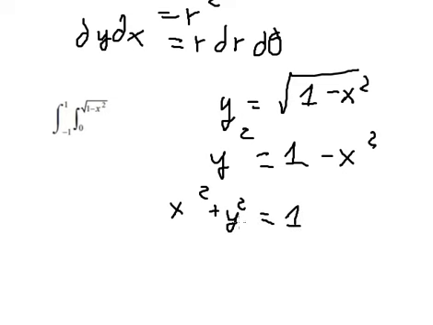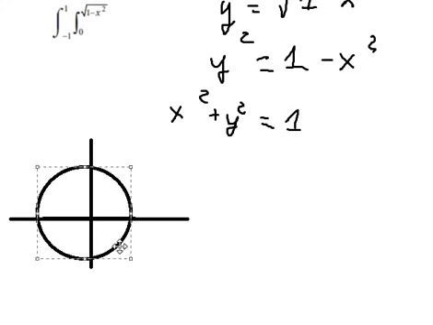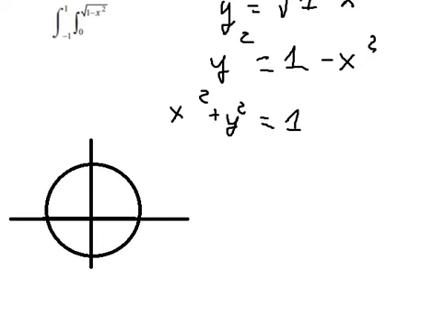And we see that this is a circle at the center 0, 0 with the radius of 1. So we have 1. This one is negative 1.